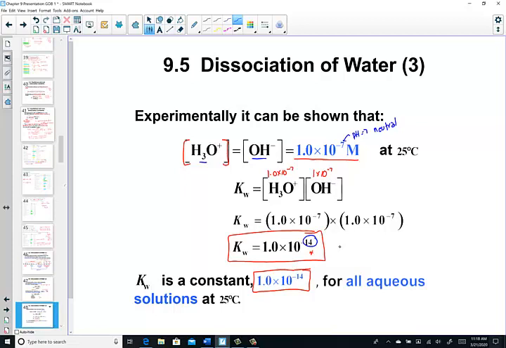When I multiply 10^-7 by 10^-7, the top of the scale is 14. We're setting up the pH scale as a numerical system of numbering from 1 to 14, where 7 is going to be considered neutral. That happens because the acid and the base ion are exactly the same concentration. That's the direction we're heading.